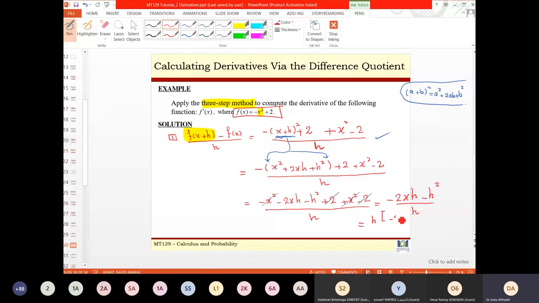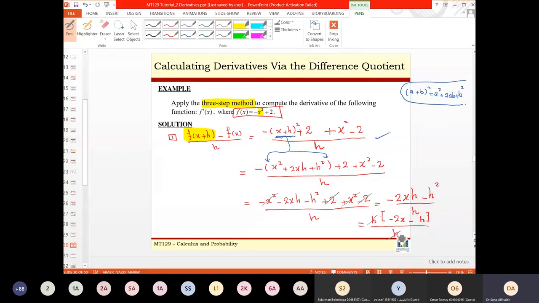We remain with minus 2x minus h, all divided by h. Now the h from the top cancels the h at the bottom. We can cancel if it is multiplication, with no plus or minus before or after it. So I can cancel this h and this h.